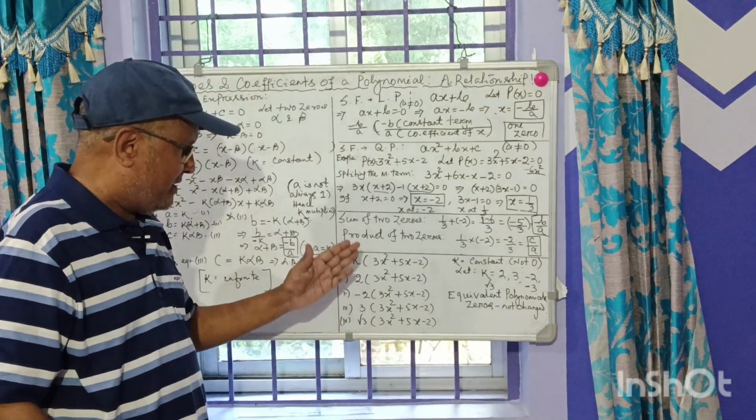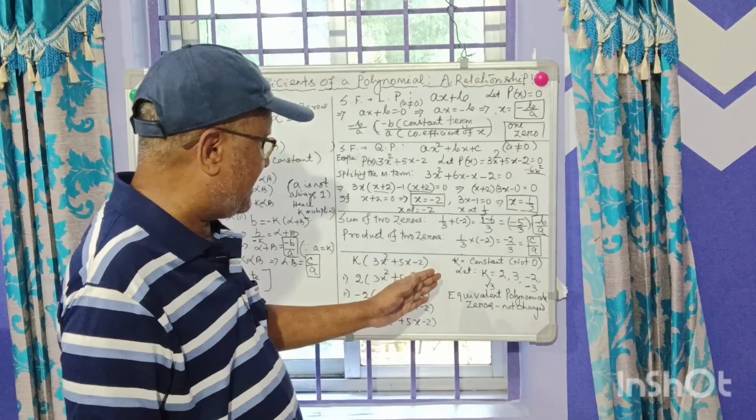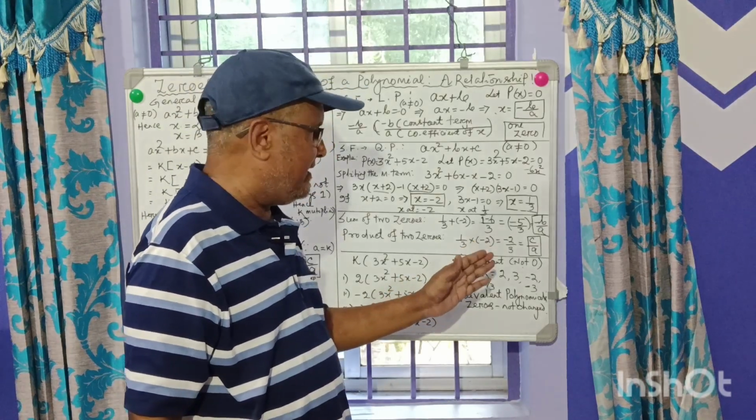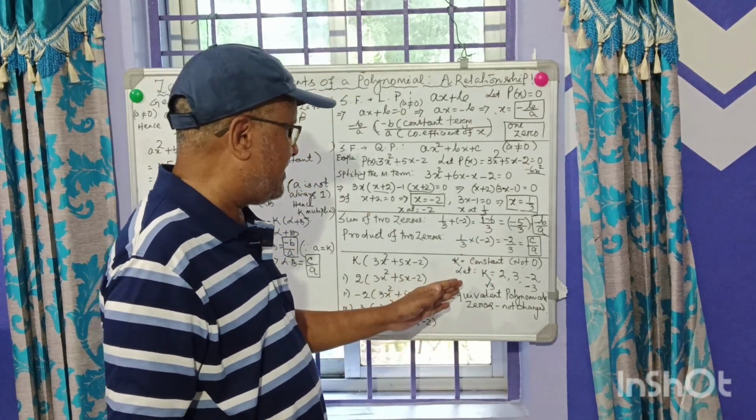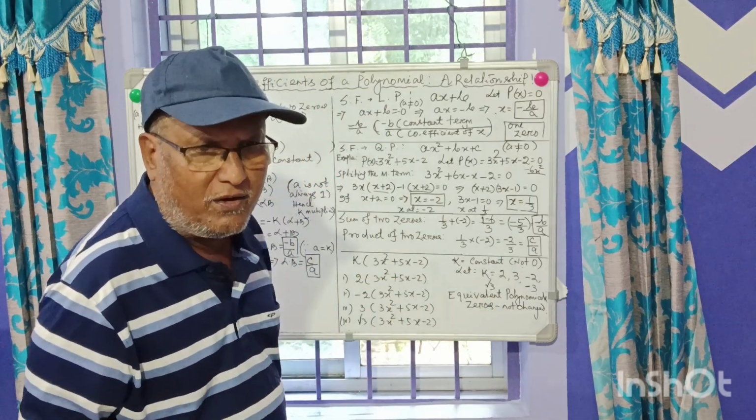Now we have some tricks to understand this. Let k be a constant, any real number other than 0.